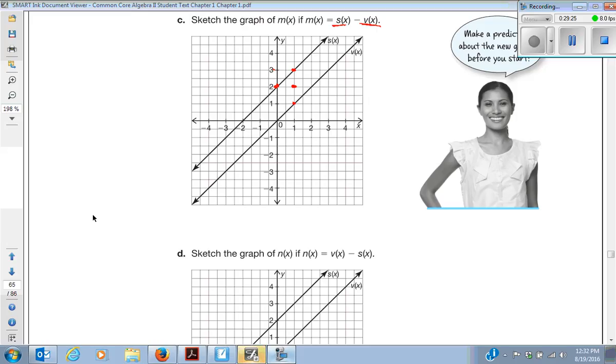Watch. Try negative 2. We'll call it m of x. So try m at negative 2. What do you get? What's s at negative 2?